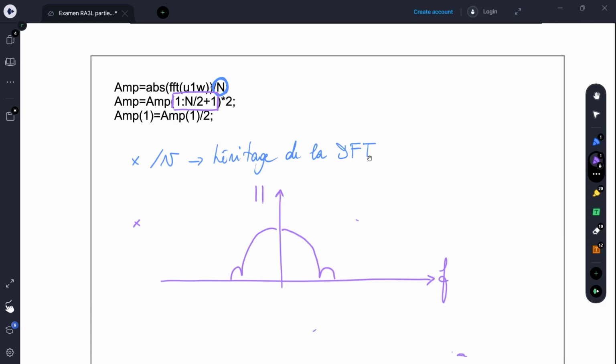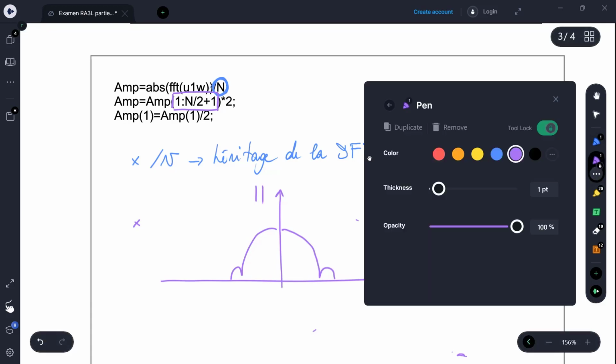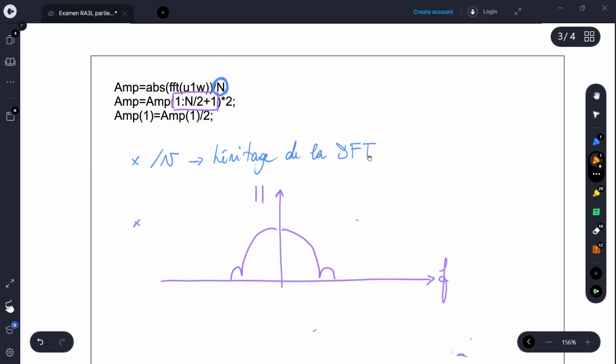Ici, je l'ai représenté comme s'il était continu. Ce que la FFT nous retourne, ce n'est pas ça. Ce que la FFT nous retourne, en réalité, je change de couleur pour vous le montrer, c'est ceci. Et puis, ceci. Alors, d'où est-ce que ça vient, cette partie-là?